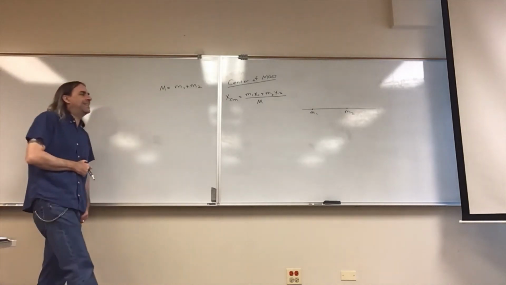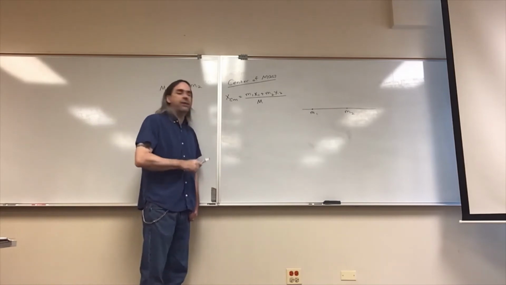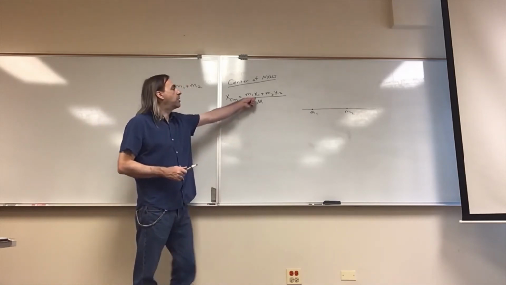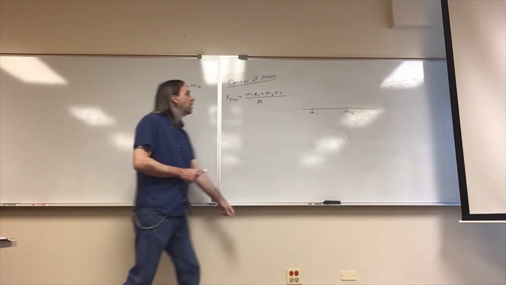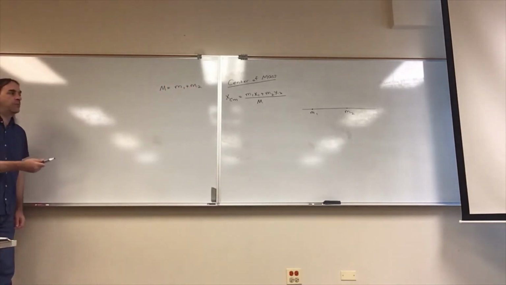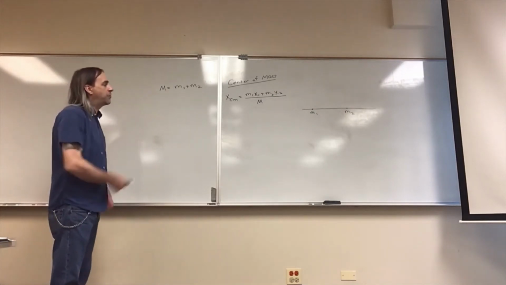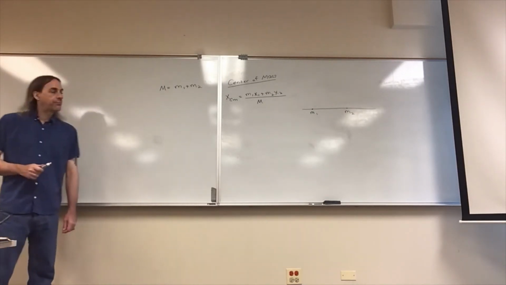Now, again, this is easy to generalize to any number of particles. So if we had a third particle, we'd have M1 X1 plus M2 X2 plus M3 X3, divided by M, which would just be the total mass of our system.